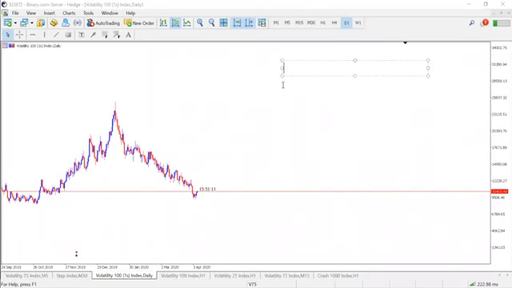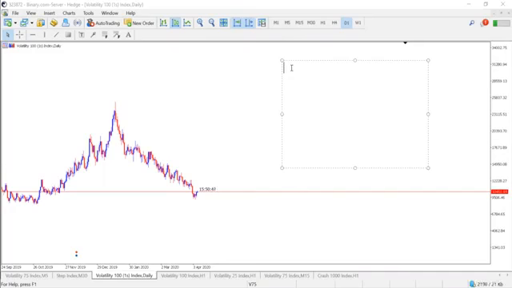Each and every single person has those steps or rules that they follow to complete their analysis, right?